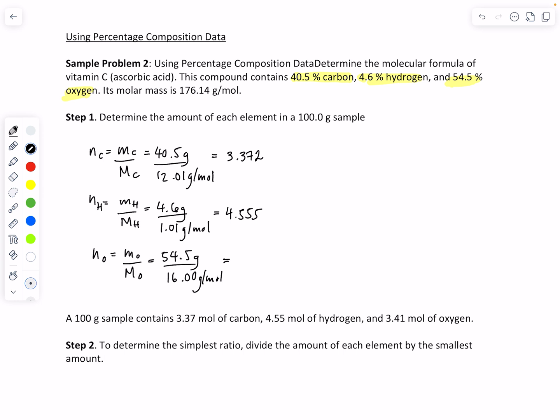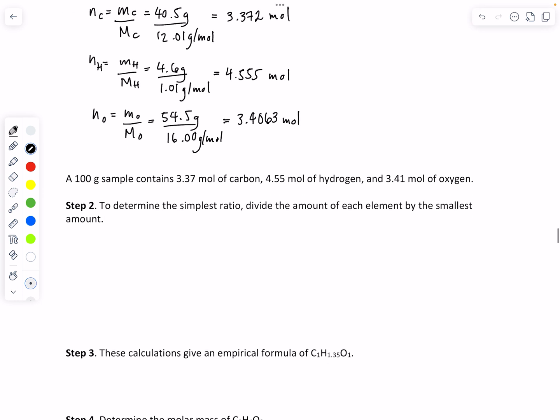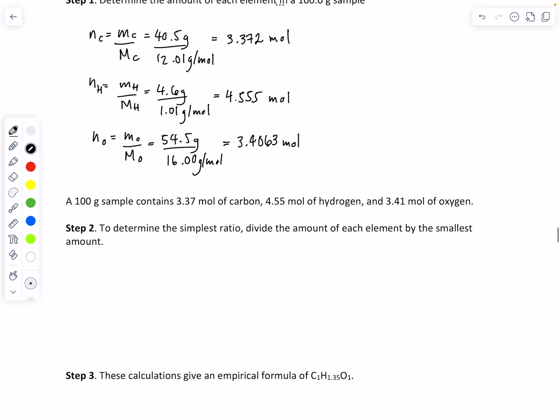And we end up with 3.4063 moles of oxygen. So a 100-gram sample contains 3.37 moles of carbon, 4.55 moles of hydrogen, and 3.41 moles of oxygen.